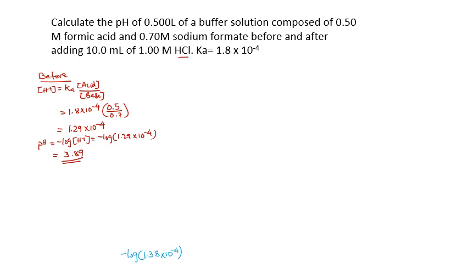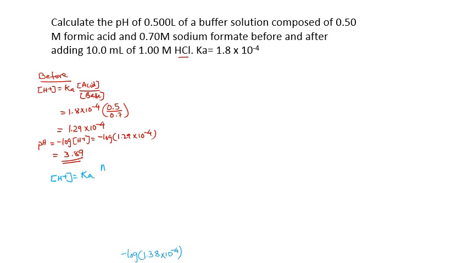And now we have to use a different formula to calculate the pH after adding 10 milliliters of HCl invader. To find the concentration of hydrogen ion, we can write concentration of hydrogen ion equals Ka, and now we are not going to use concentration, we are going to use number of moles.